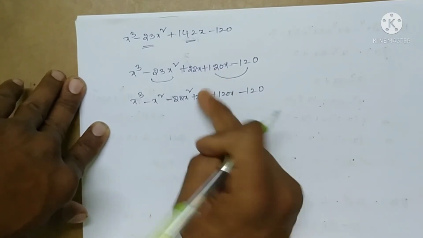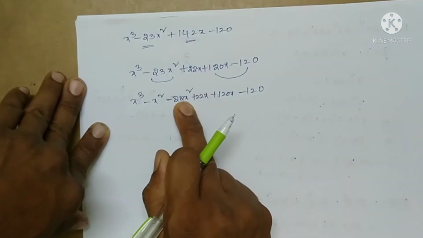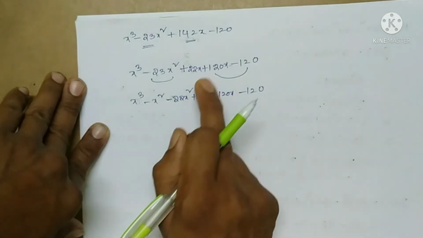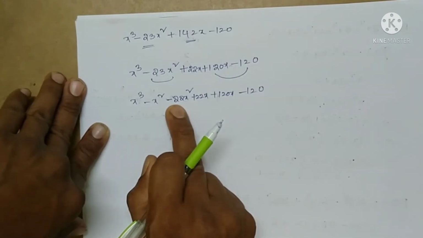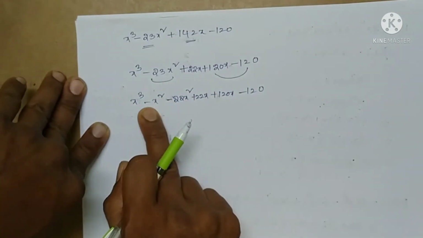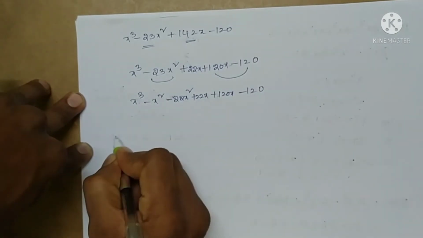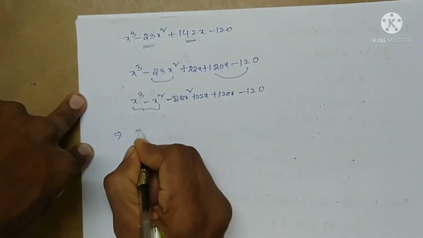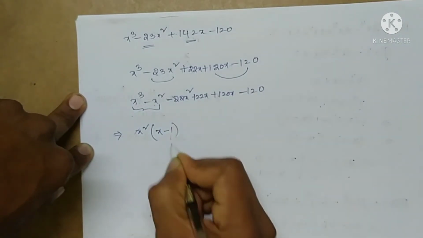And in the next step, here 23x square: we should maintain that the x coefficient and x square coefficient are the same. So here 22x, here also 22x square. Here the coefficients 22, 22 are the same. The x cube coefficient and x square coefficient are also 1, 1. So here x square is the common term, and the remaining is x minus 1.